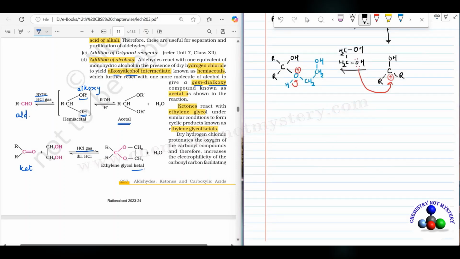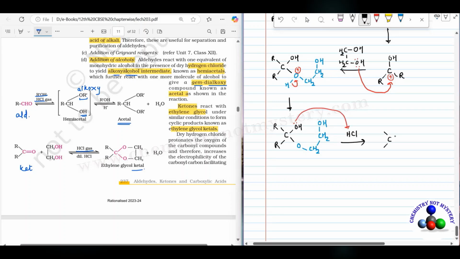So here you will get C. There are two alkyl groups. Here it was OH, and here O. It is bonded to CH2. Here it is CH2, and here it is bonded to OH. Now again in the presence of HCl gas. So here it was HCl gas. So this OH will abstract a proton from the HCl.